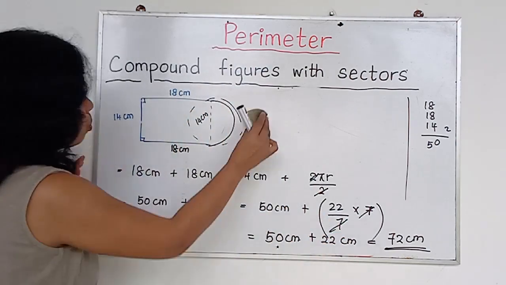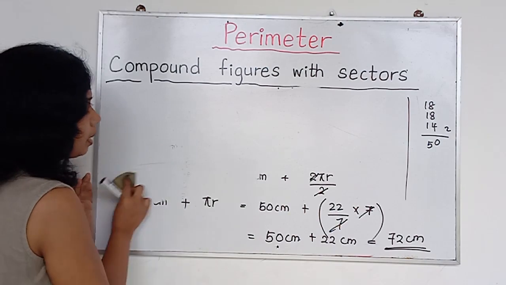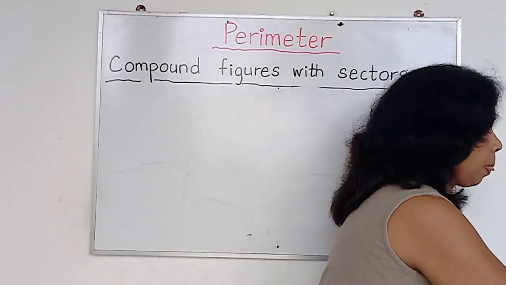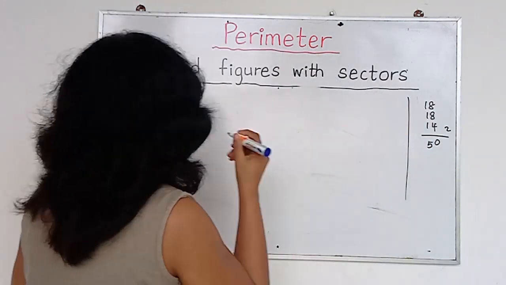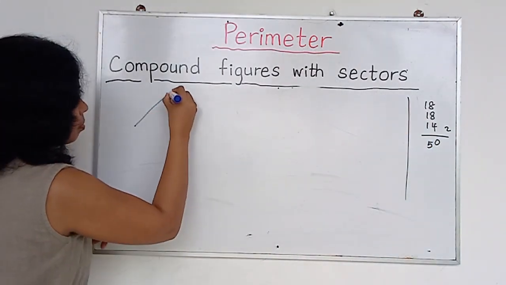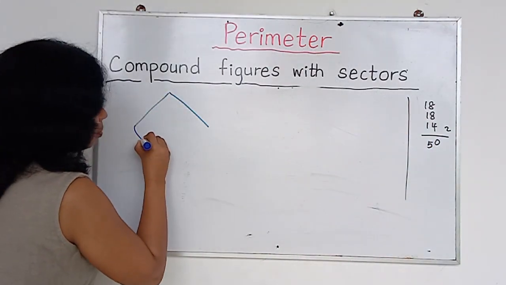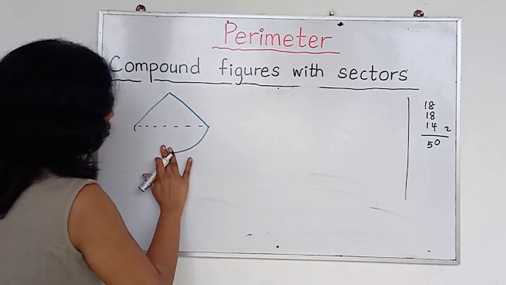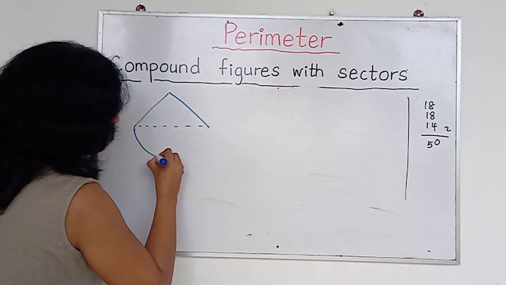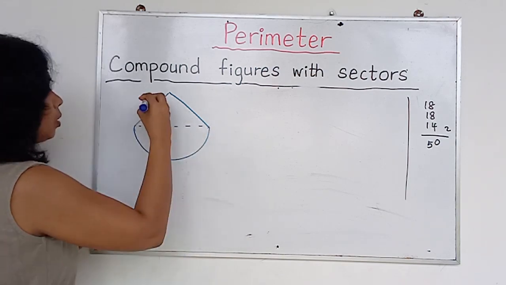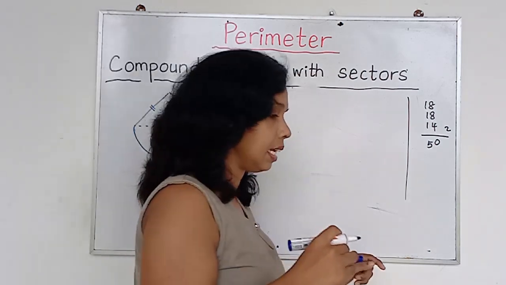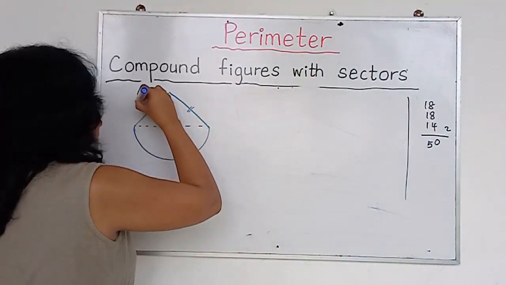Okay, so let's move to the second example. It's like this. They have marked these two lines as equal and it is 4 centimeters.